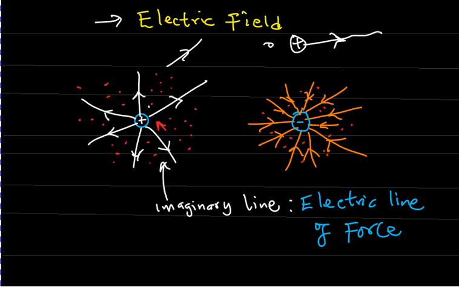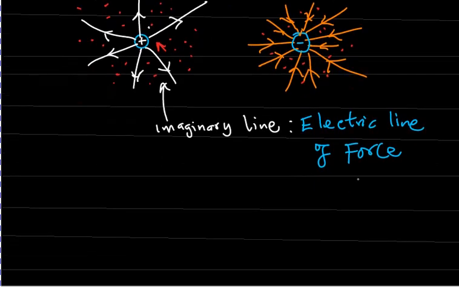Now, a situation where two charges are brought close to each other, a positive and a negative charge, two unlike charges. So now, the line of force goes this way. It will always move from the positive to the negative.